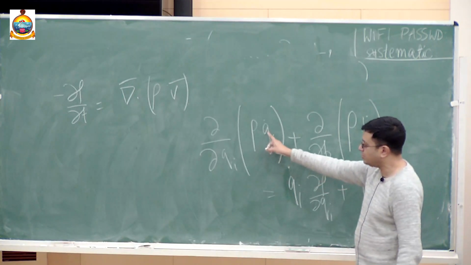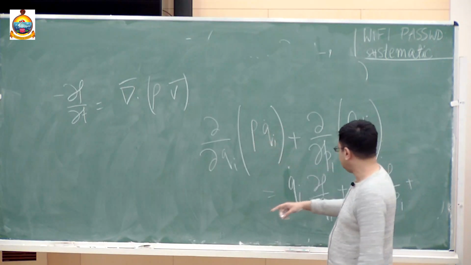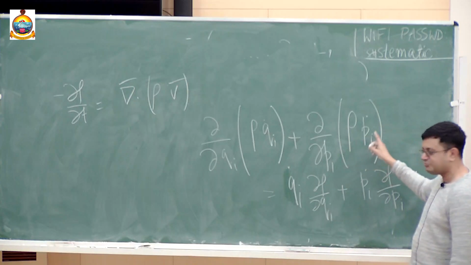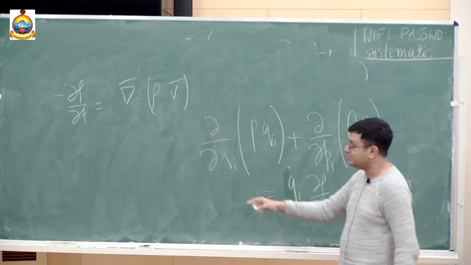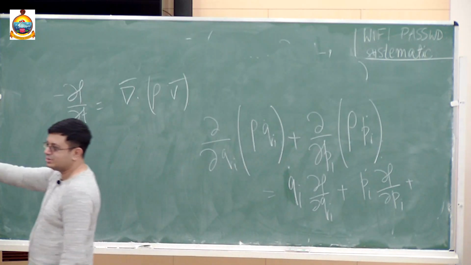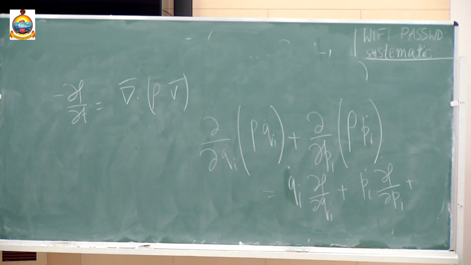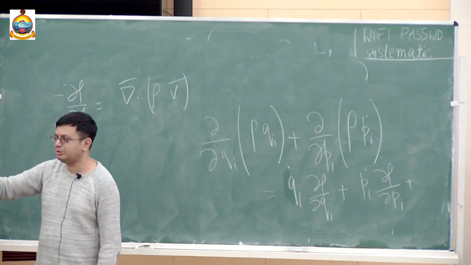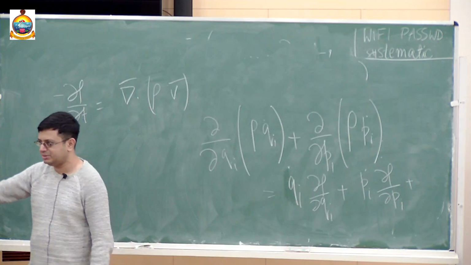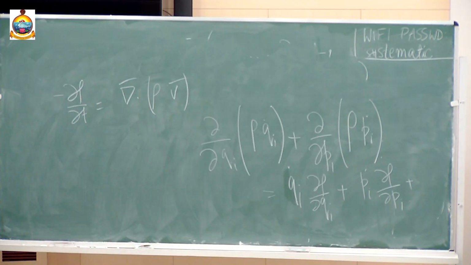So this will be del qi of qi dot rho outside and del pi of pi dot rho outside, and you can check that those terms will cancel because if I use the Hamilton equations, you will get a term del 2h del qi del pi, and there will be a term where the q's and p's appear in the other direction.